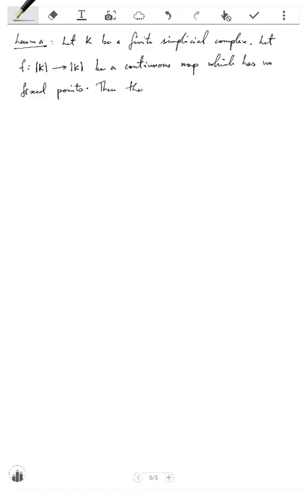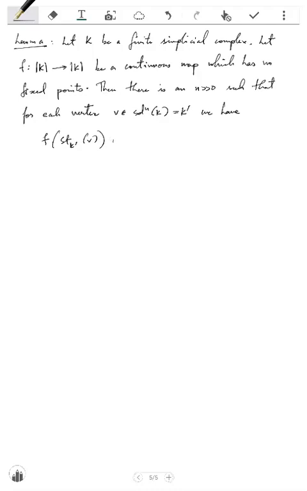Then there is an n sufficiently large such that for each vertex P in the nth subdivision of K, let's call this K prime, we have f of star in K prime of P intersected with star in K prime of P is empty.